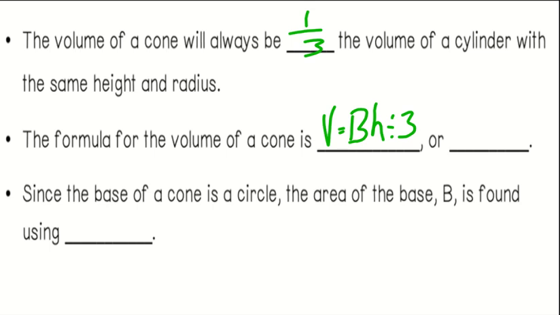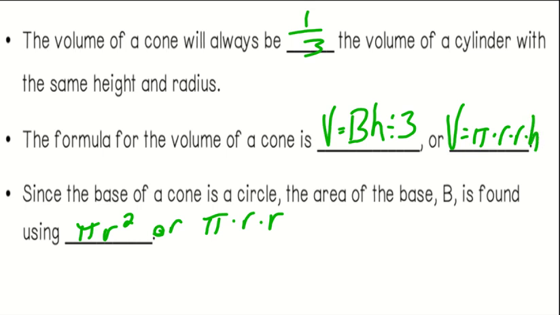What shape's the base though? It's a circle. So area of the circle is pi r squared, or pi times radius squared, right? So if I write it out with that in there for my big base, I'd have my volume equals pi times radius squared times height, and that's the equation for a cylinder, wasn't it?